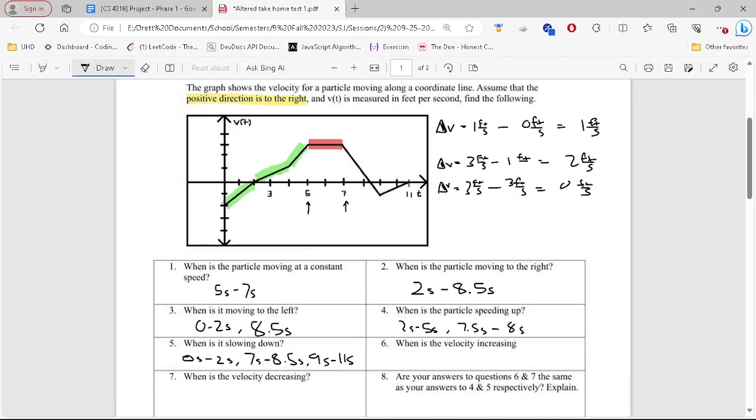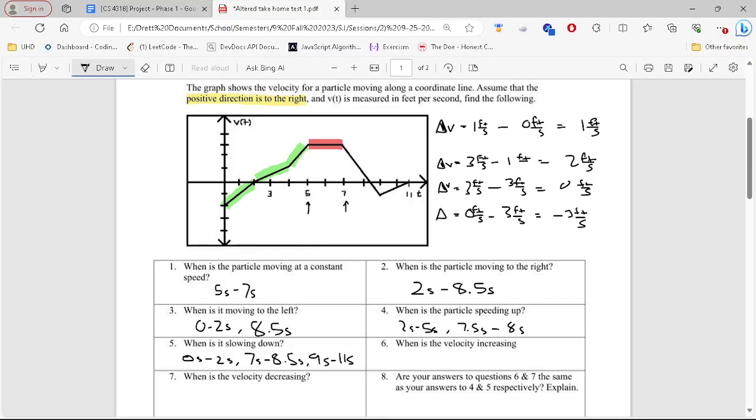Okay, what about this next part? From 7 to 8.5. At 8.5, the velocity is going to be 0 feet per second minus the velocity at 7 seconds, which is going to be 3 feet per second, which is equal to negative 3 feet per second.